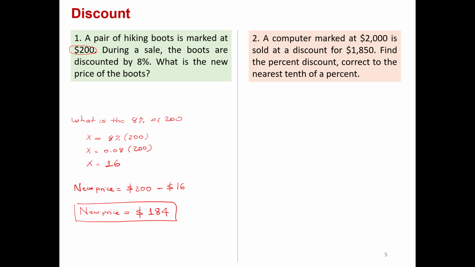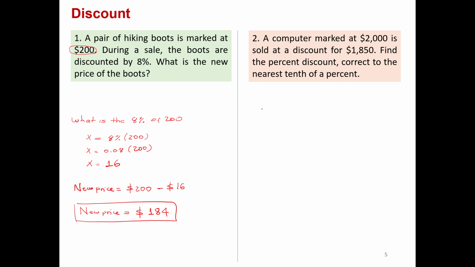Then before we find the percent, we need to find what the discount was. In order to find the discount, we need to subtract: let me write the original price minus the discount price.